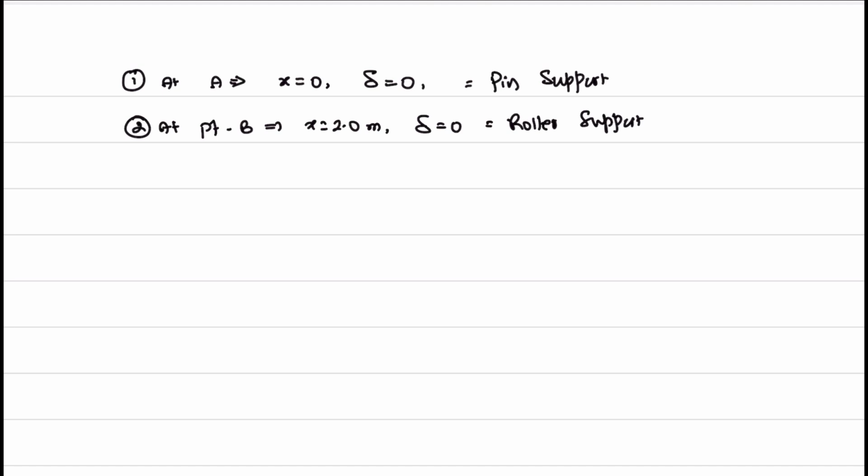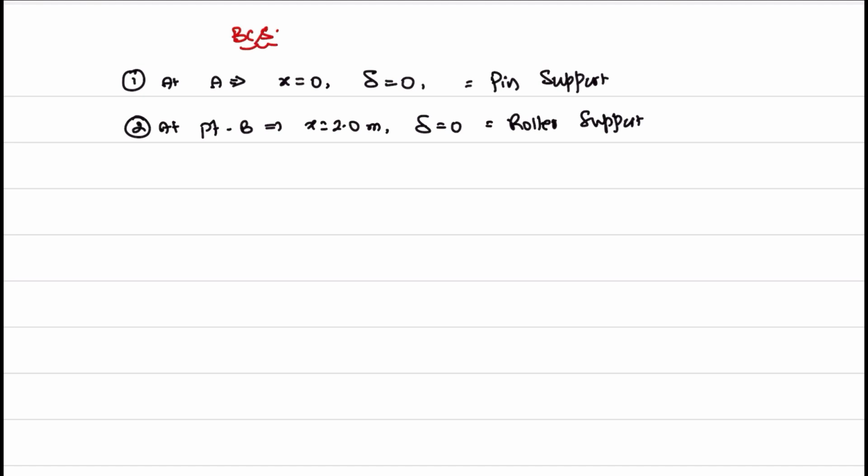Hence, there can be an error of approximation in a few digits, 0.001 instead of 0.002. Don't worry about that. These are the boundary conditions we have.